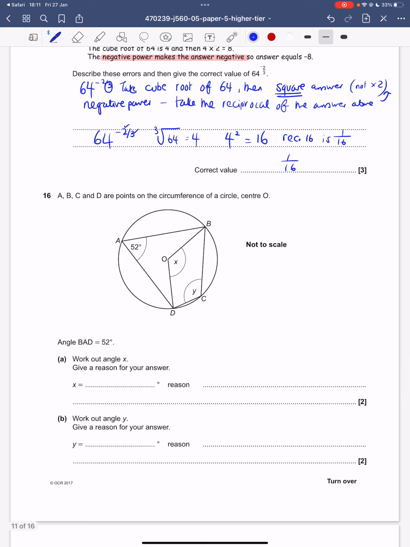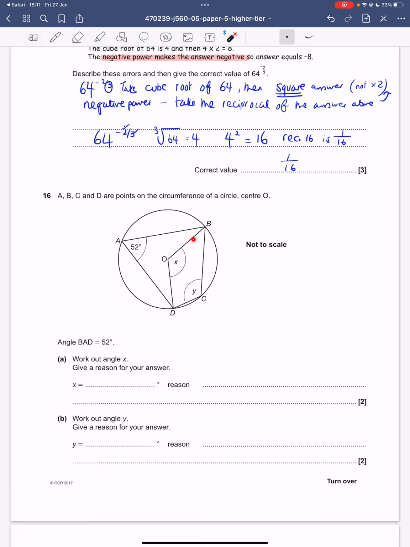A, B, C, D are points on the circumference of a circle, centre O. Angle BAD is 52. Work out x and give a reason for your answer. So when you've got the same start and finish point, and one goes to the circumference and one goes to the centre.